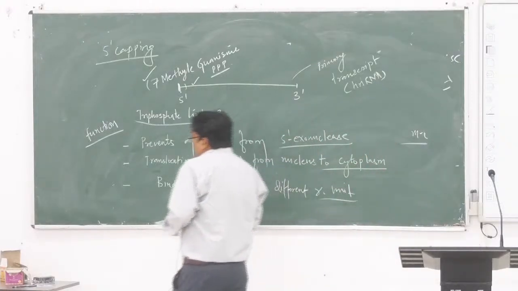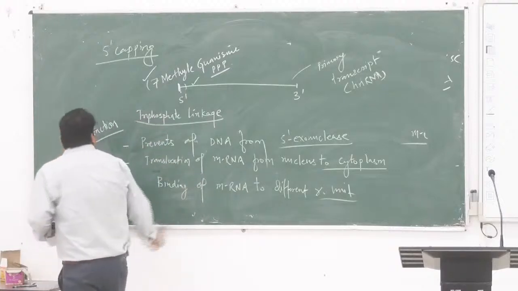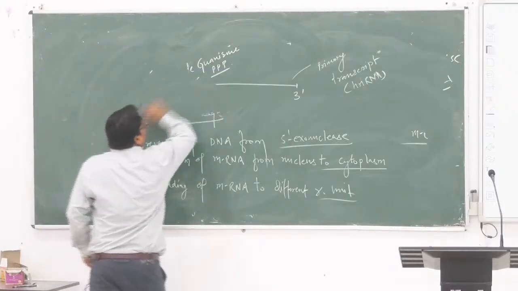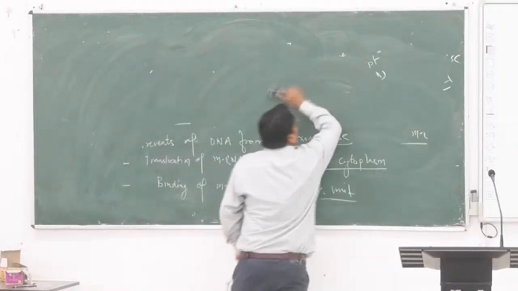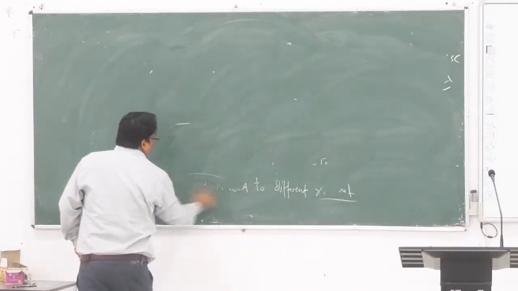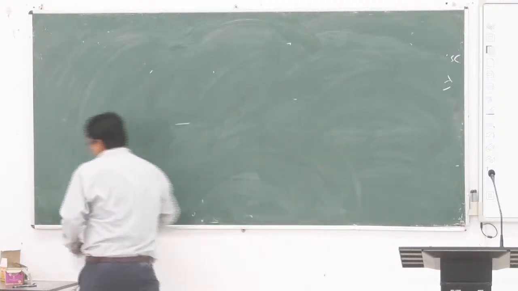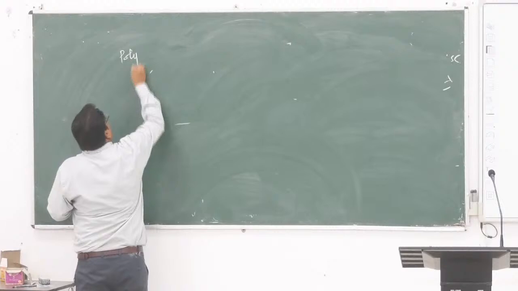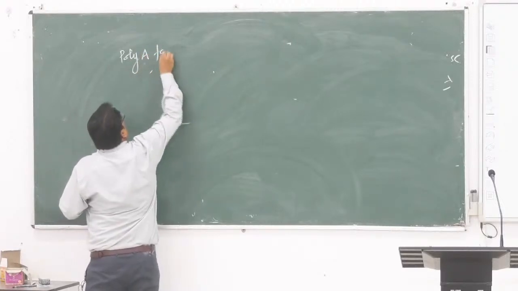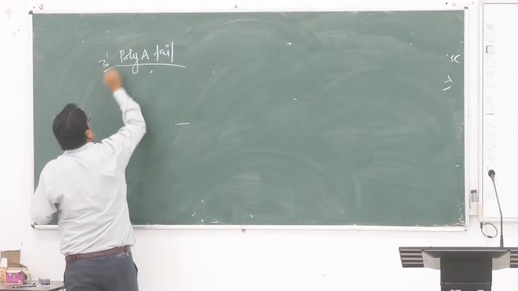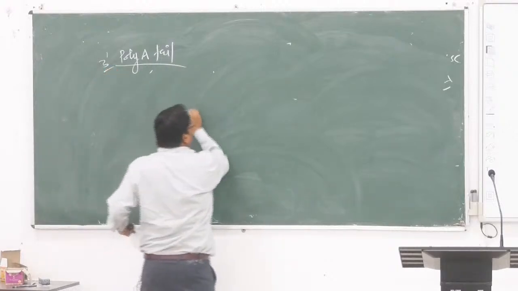Now the next step is the 3' poly-A-tail. As you read the word, you understand, there is attachment of adenosine groups.